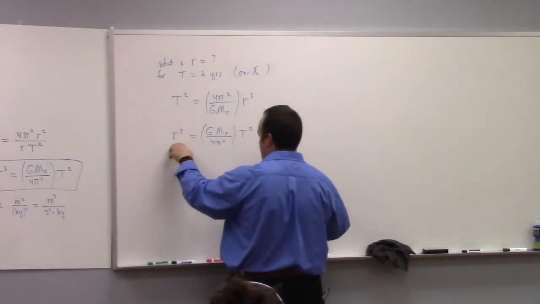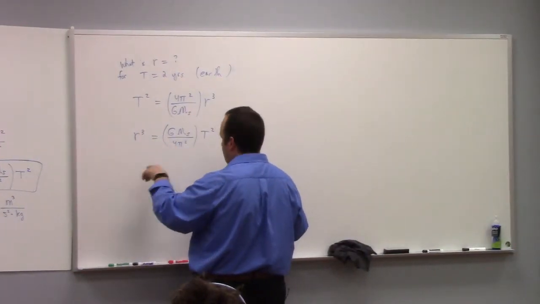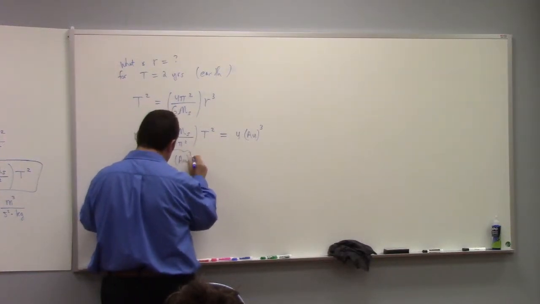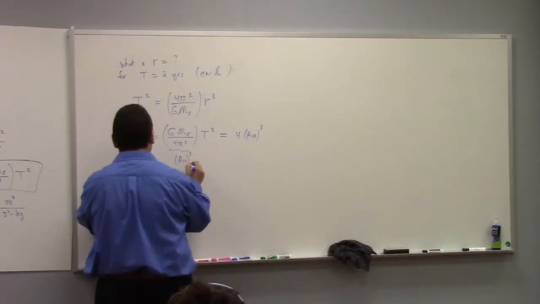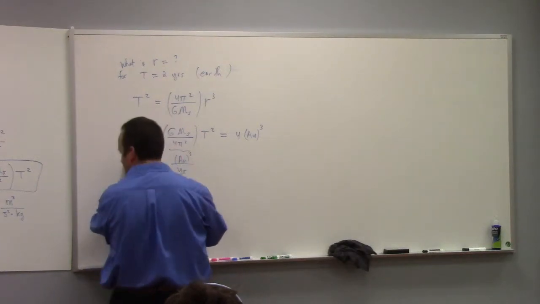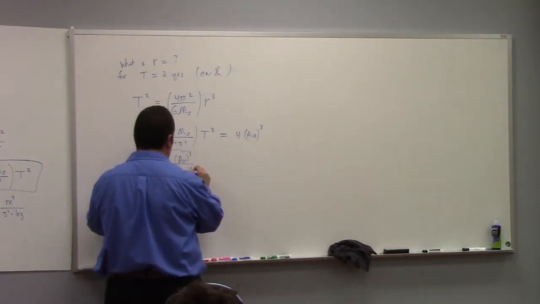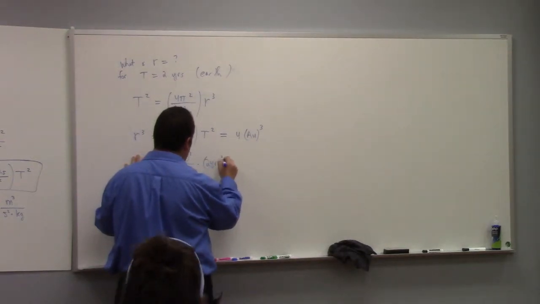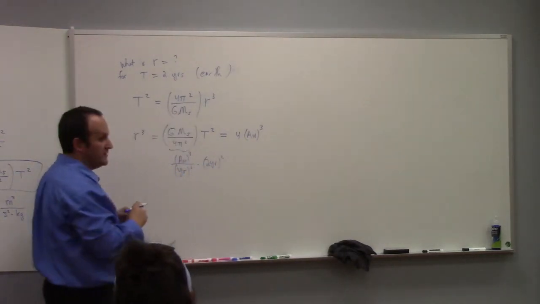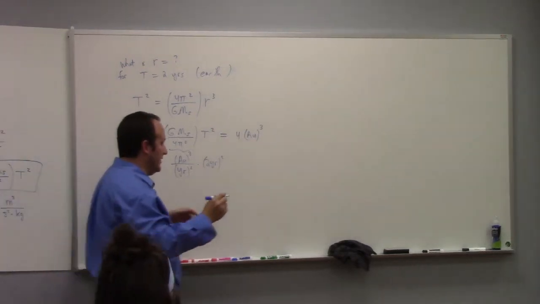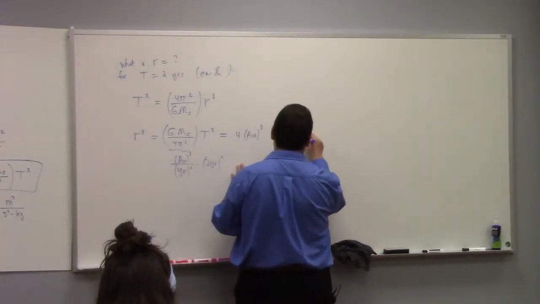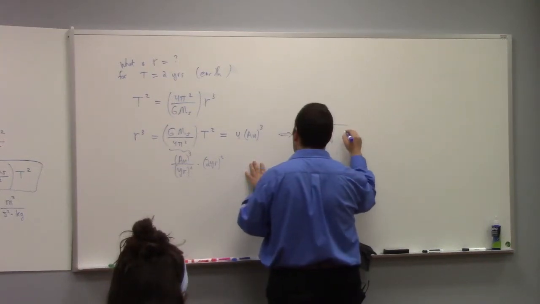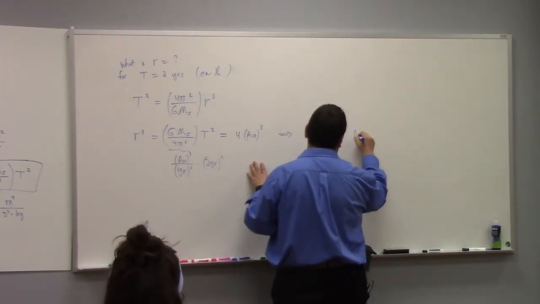So this is an astronomical unit cubed divided by a year squared. When we multiply that by 2 years squared, that leaves us with 4 astronomical units cubed. And what does that tell me the radius of the orbit is? The cube root of 4 astronomical units.